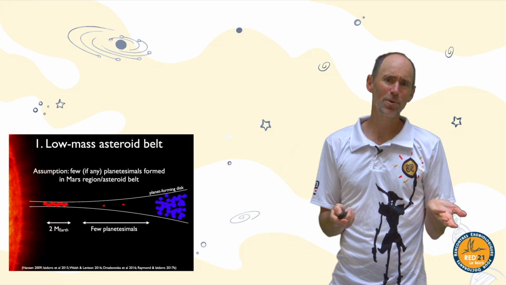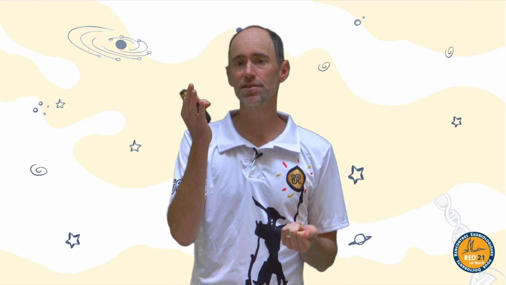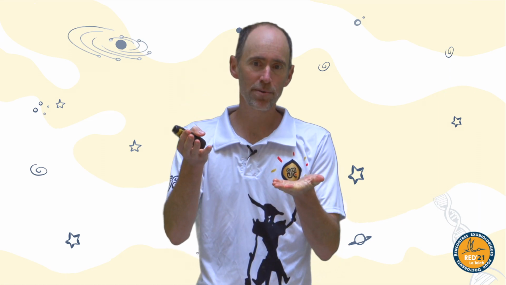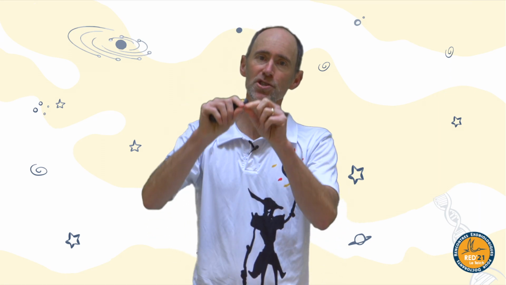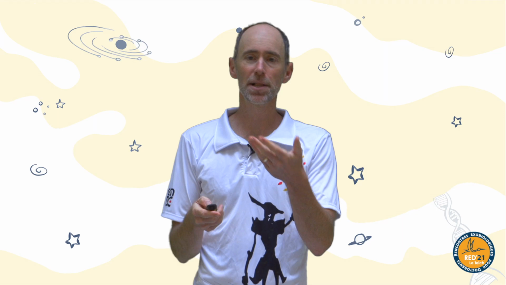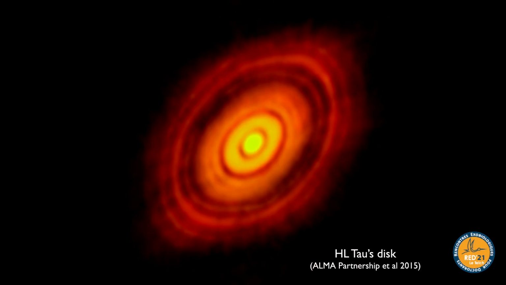This feels kind of weird. Why would you say such a thing? Well, one way to justify this is to look at images of planet-forming disks around other stars. They often show these kind of ring structures. And as we talked about, the building blocks of planets are planetesimals. Planetesimal formation is very sensitive to the local conditions.